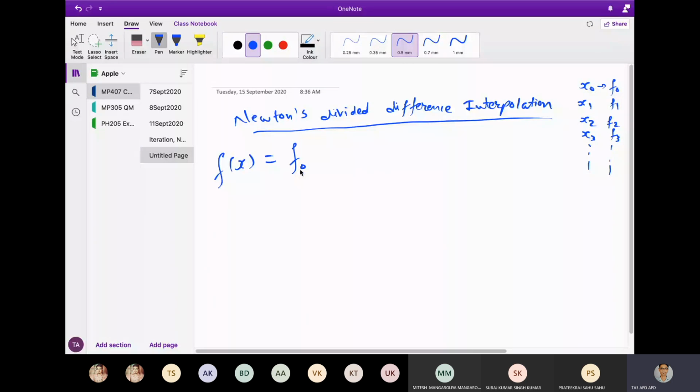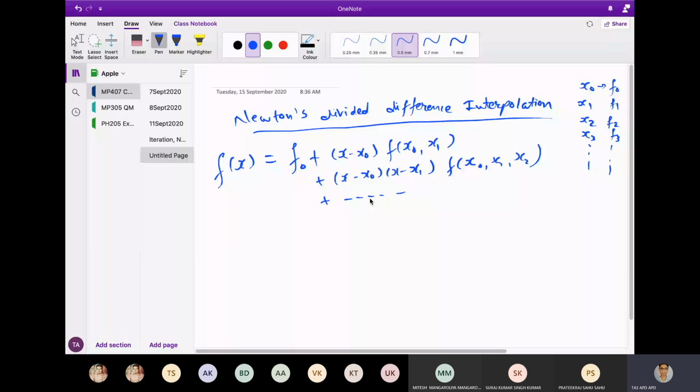So from that, how you can obtain the equation? So x minus x0 into f of x0, x1 plus x minus x0 into x minus x1 into f of x0, x1, x2, and so on. You can increase the order.